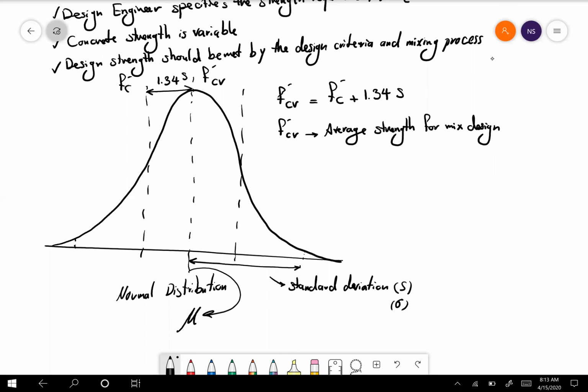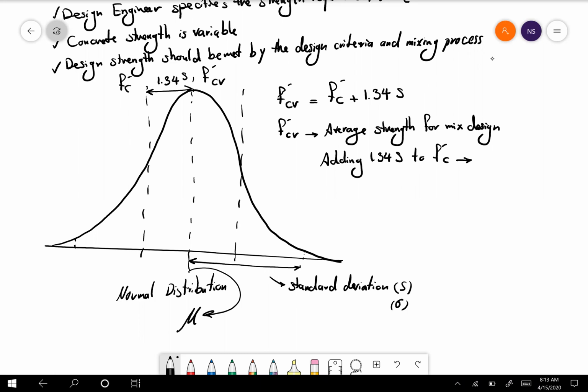And then by adding 1.34 standard deviation to F prime C, we are within 90% of the confidence level.